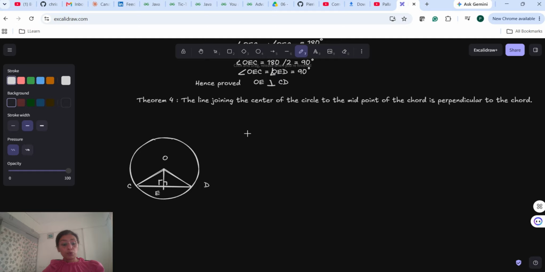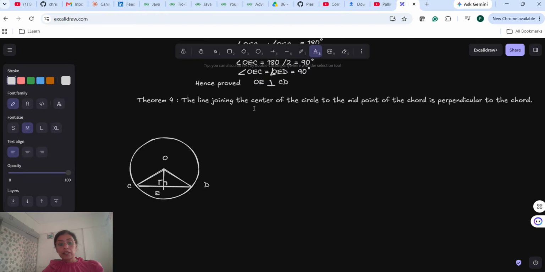Because we have to prove the opposite. What will be the converse of this theorem?